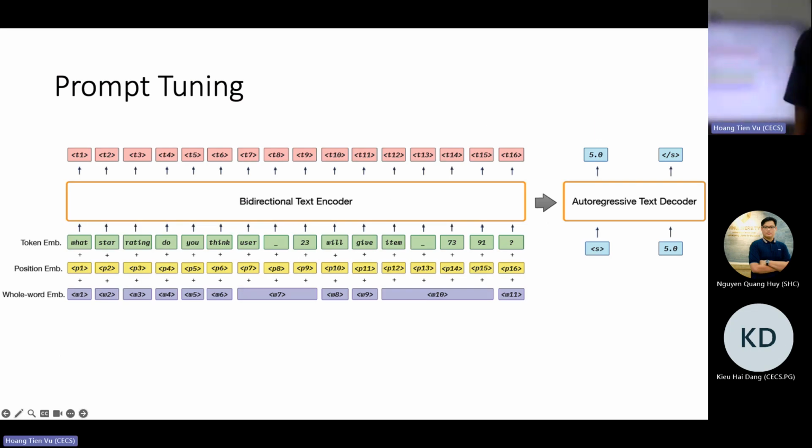As we know, a large language model takes input as a natural sequence, which is encoded into embedding vectors.